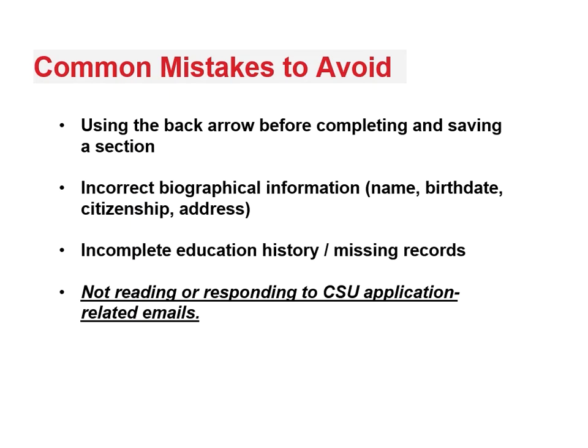And then not reading or responding to CSU application related emails. So make sure that you are checking back frequently, that you are checking your portal, that you are checking your CSU email, to be sure that you are abiding by any requests the CSU is sending, and to also meet any deadlines for transcripts, AdT verifications, etc.